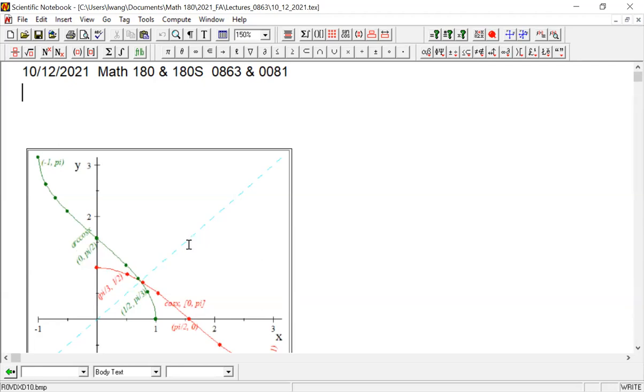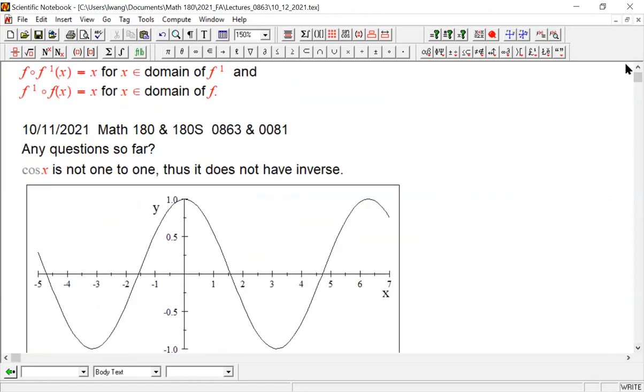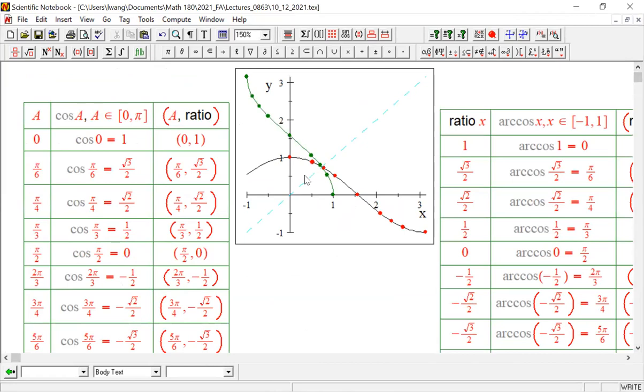Okay. In terms of points, first of all, we need to understand what's the input and what's the output for each curve. For the cosine curve, over here, this piece is a cosine curve with the red dots.